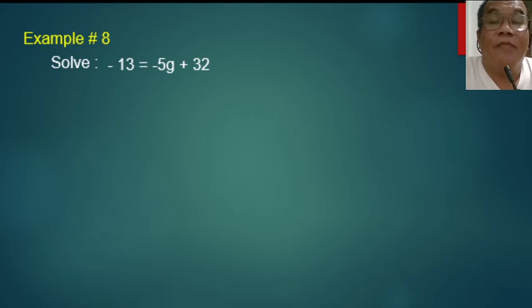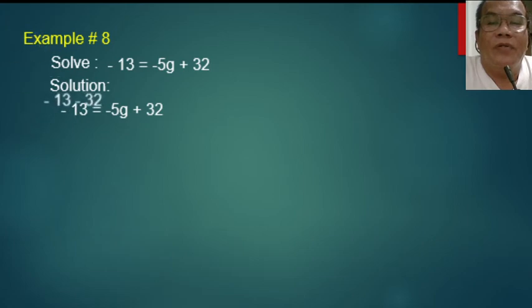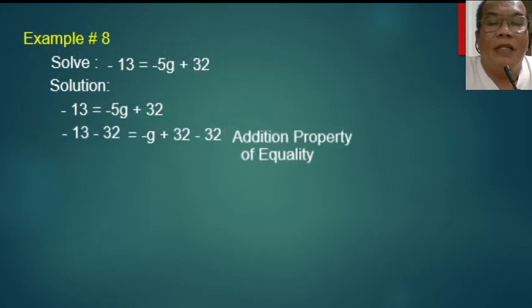Okay, for our sample number 8, you have negative 13 is equal to negative 5g plus 32. So for the first step, of course, what you have to do is add positive 32 on both sides.